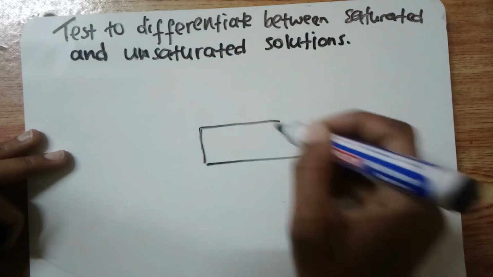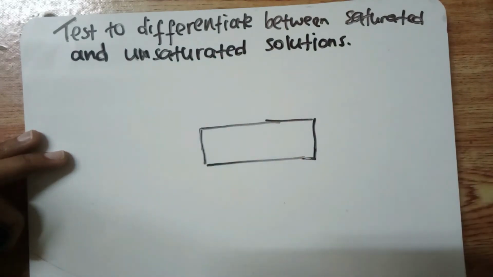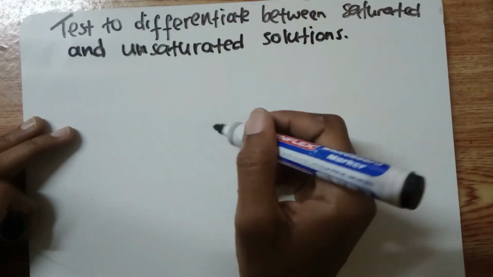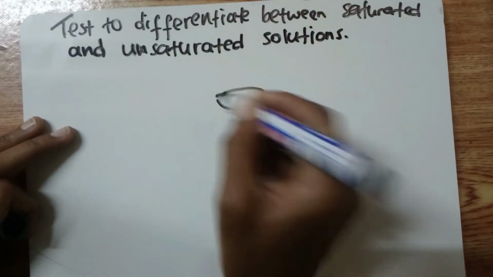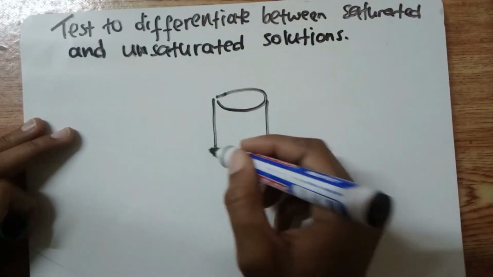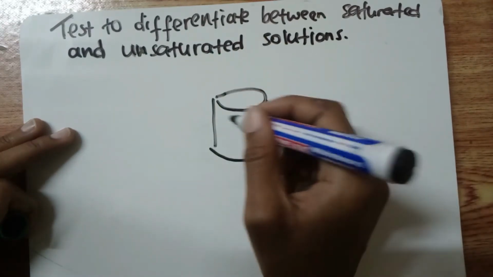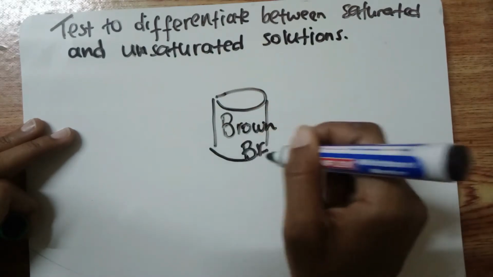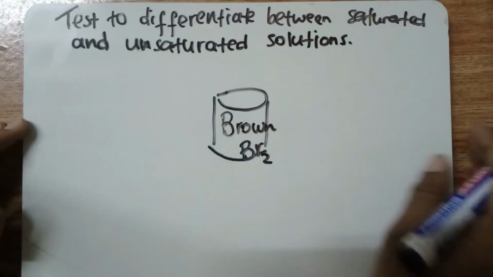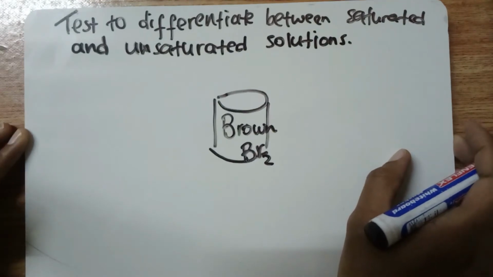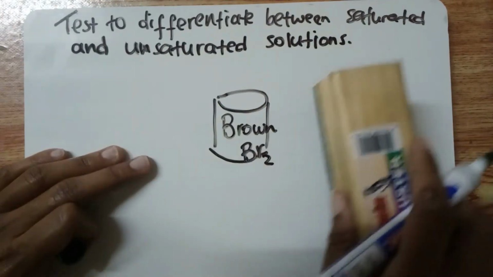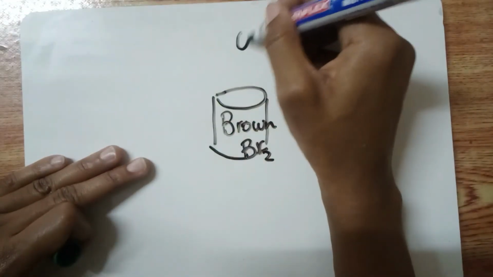So let's say, for example, you have a solution. Say you have a solution of brown bromine, I'm trying to draw a beaker. And then in this solution you add an unknown solution.